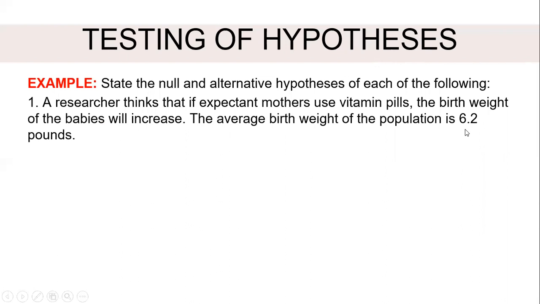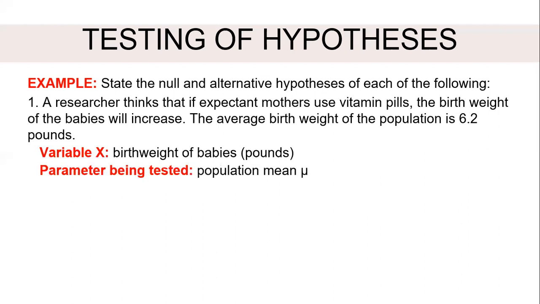This is an example of what you call a point estimate. But let's formulate now our hypothesis. Before that, our variable x is the birth weight of babies in pounds. The parameter being tested here is the population mean for this case.